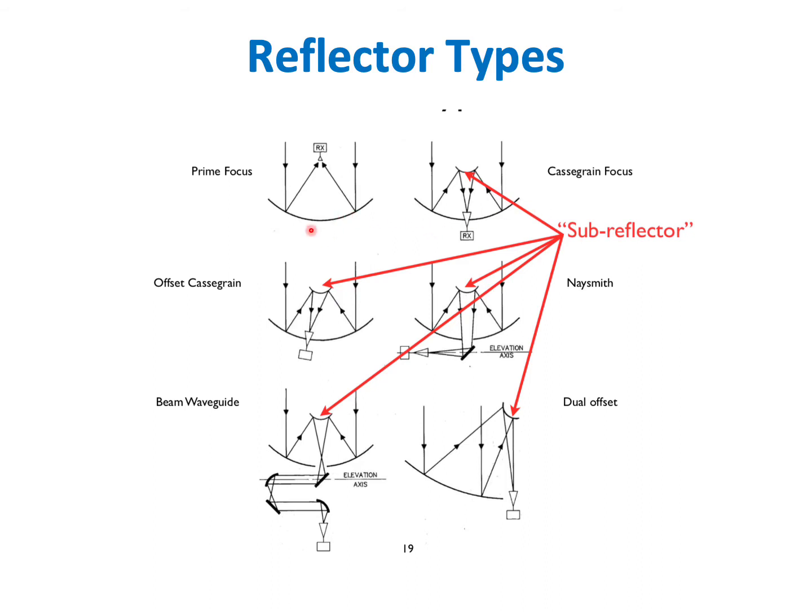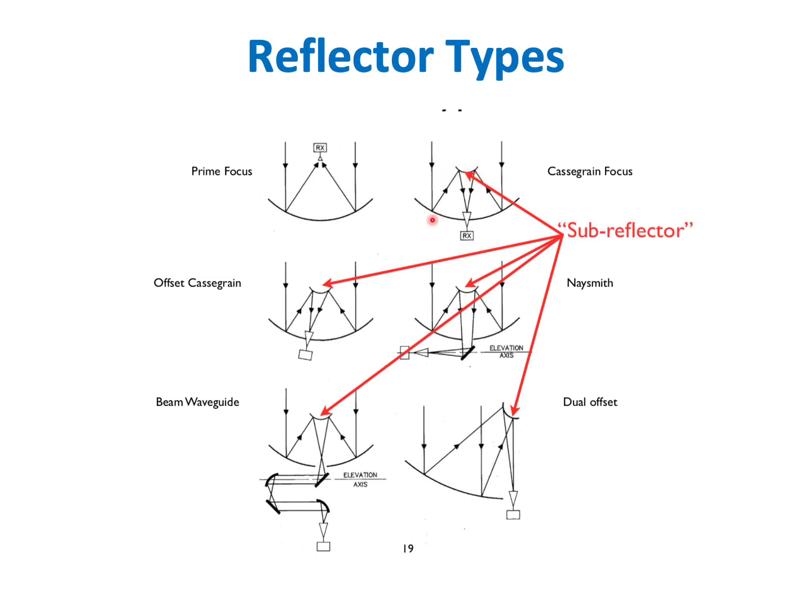So here's just some ray traces of the different types of reflectors we just went through. So prime focus, your light comes in, hits the main reflector, is directed directly into the receiver. With a Cassegrain, you have, of course, your hyperbolic convex secondary.